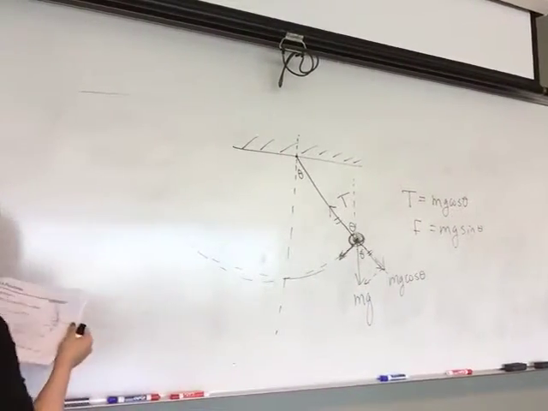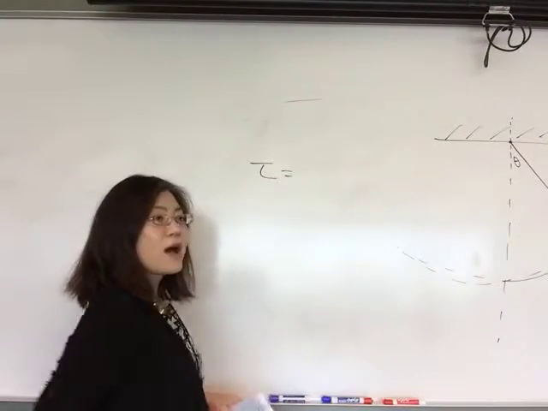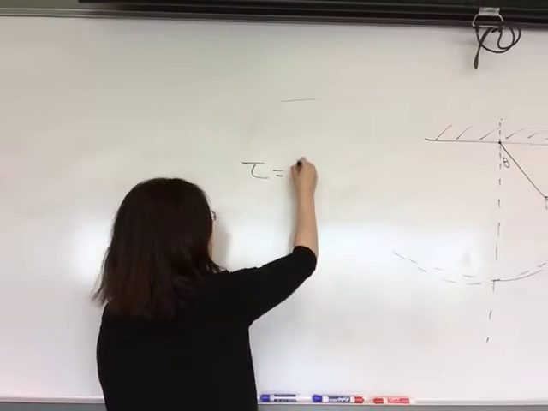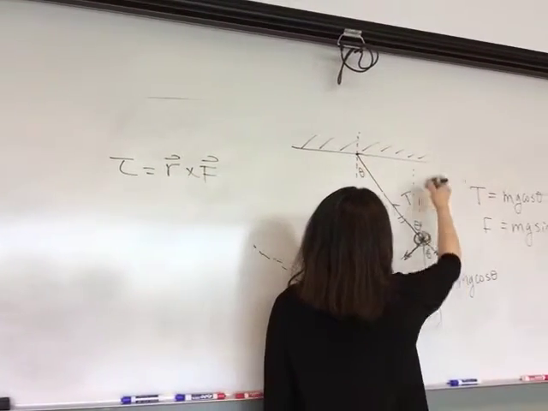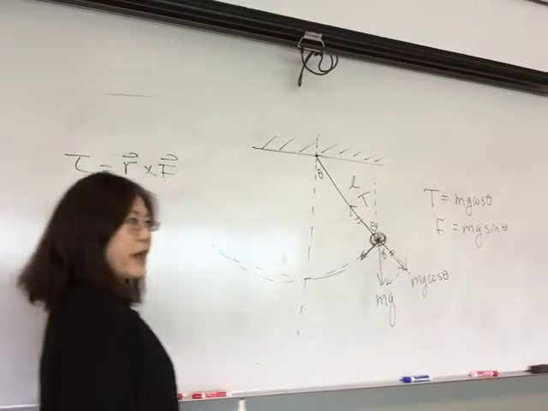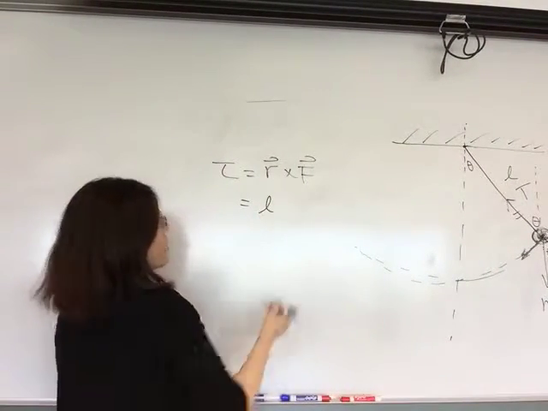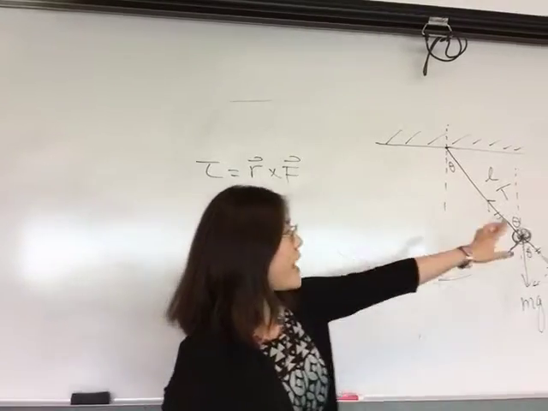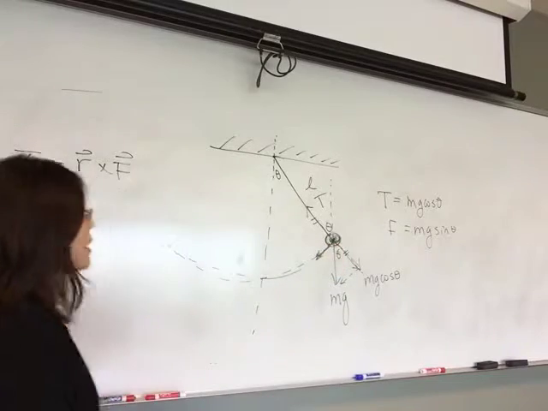So what is the magnitude of that torque? Torque is equal to R cross F. Let's say the length of the string is L, so your R is L, and your force is mg sine theta, because only that component produces a torque.